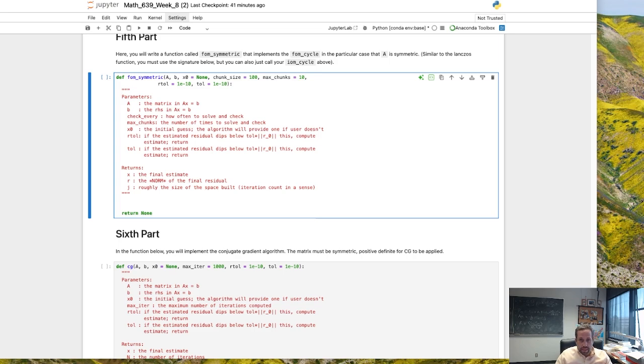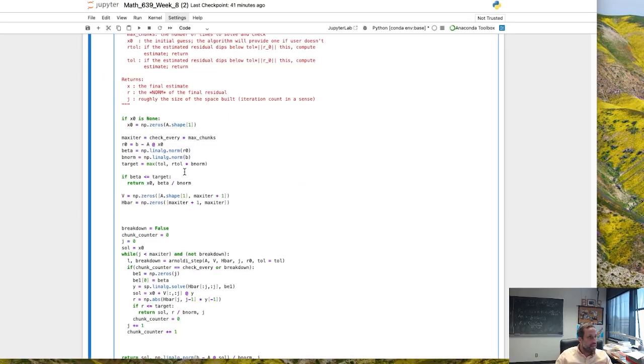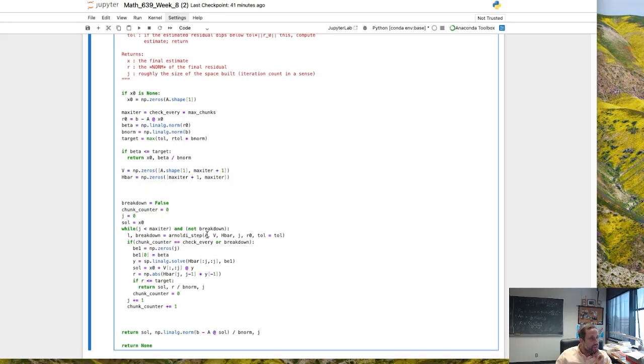Hold on one second. And again, I would just expect that you're going to be copying and pasting a lot of code from last week, which is why I'm doing that here. Okay, this is what we have. The only difference is down here: instead of calling the Arnoldi step, we're going to call the Lanczos step.